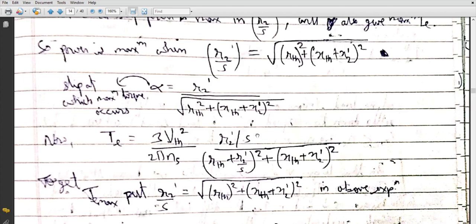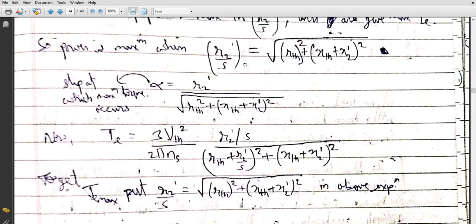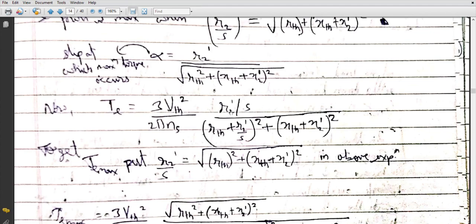For maximum power transfer, R2 dash by S should equal root of RTH squared plus (XTH plus X2 dash) squared. So you replace R2 dash by S with this expression, both here, in this expression.